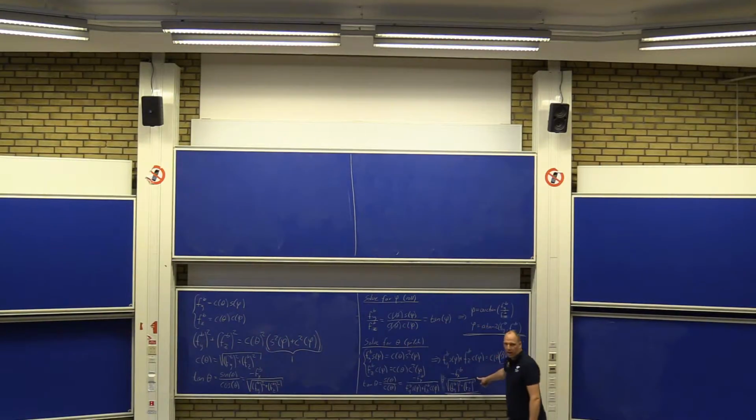And this was exactly what we had here. So now we know that. And then of course we have theta equal to atan2 of minus fxb and the other component here.